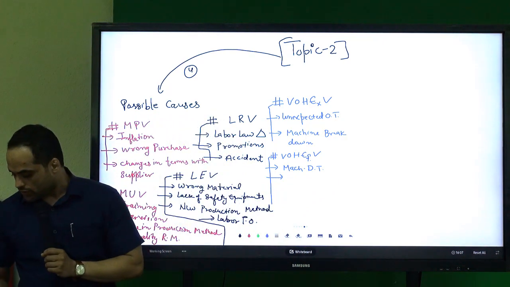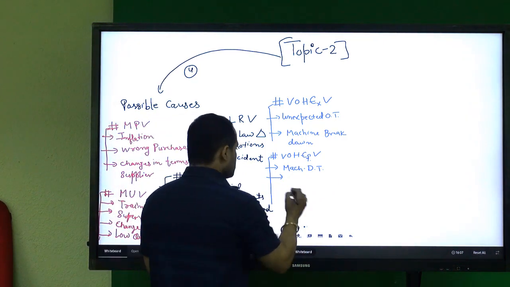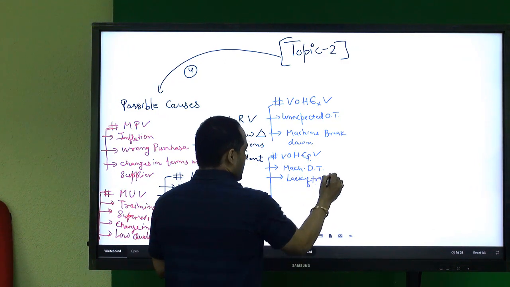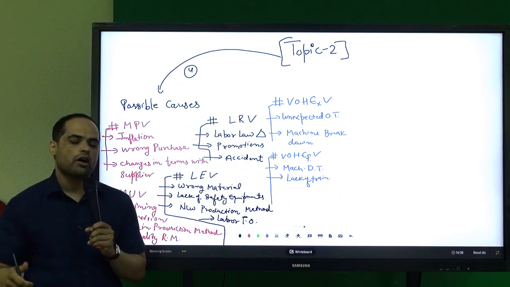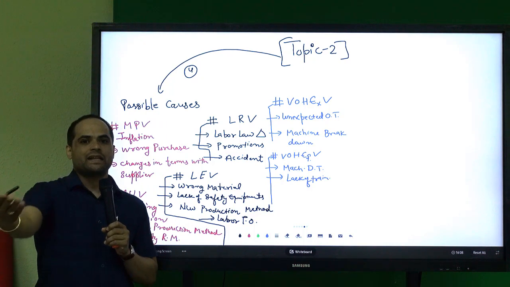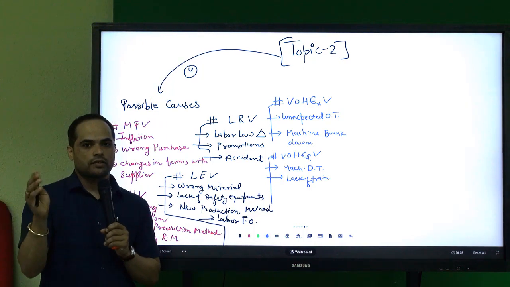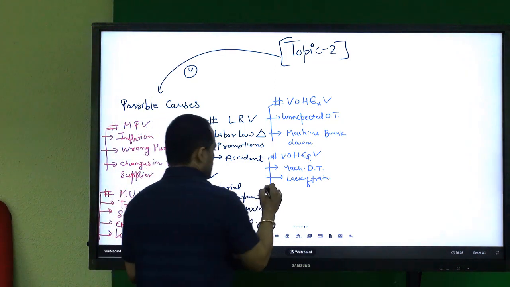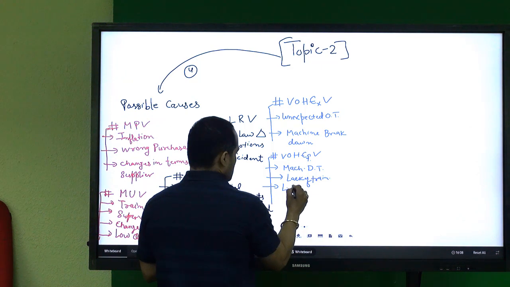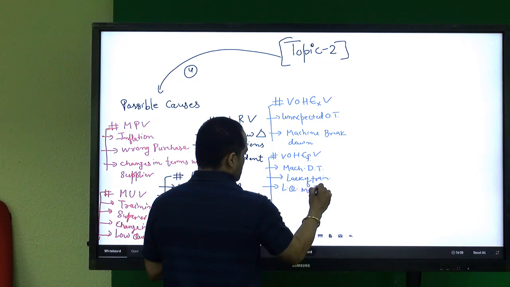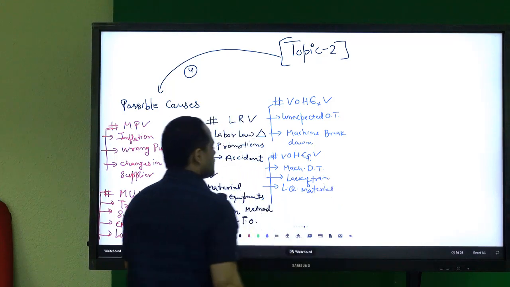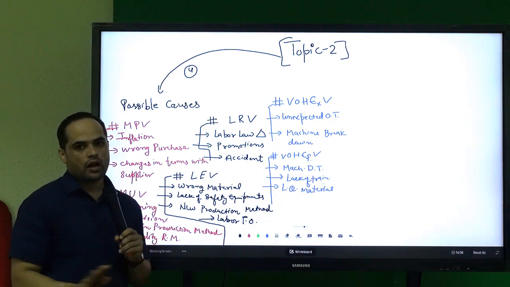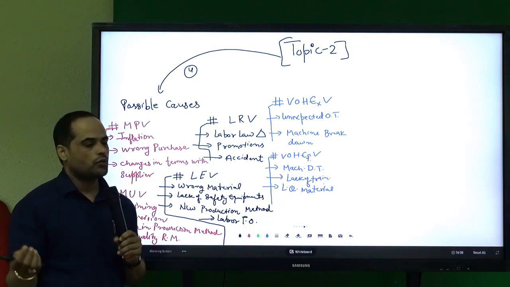Second reason could be lack of training to operate that machine, or lack of training to apply that particular method in production. As a result, performance will be reduced. And next could be low quality material. If the quality of material is low, the performance will not be as good as we expected.